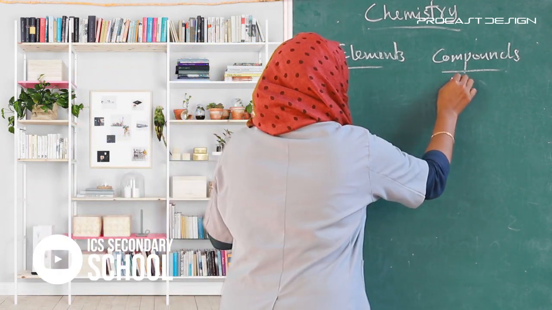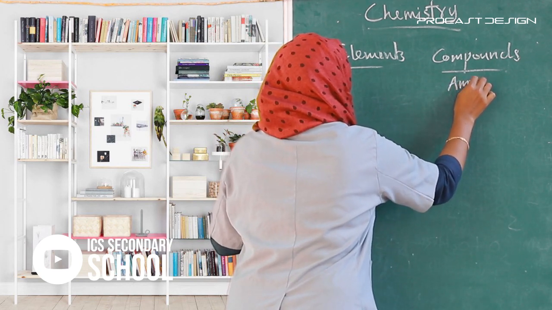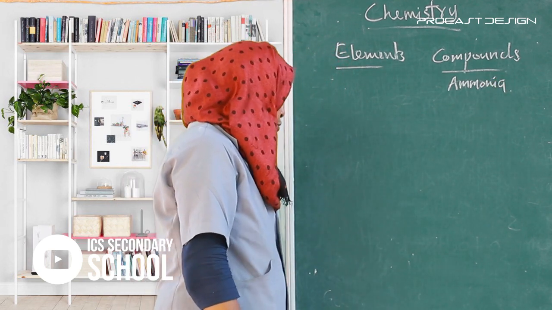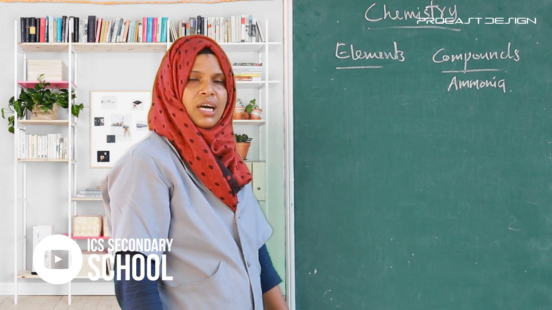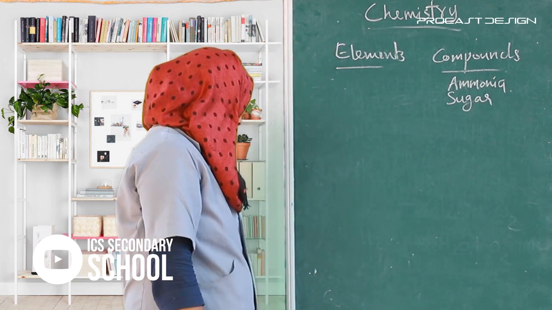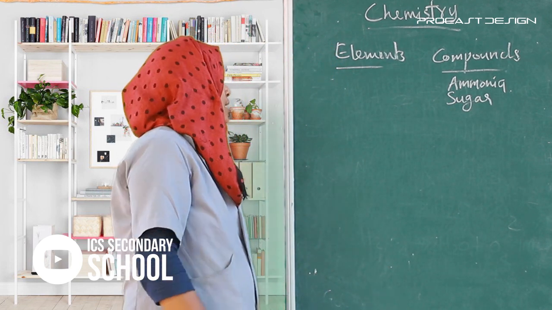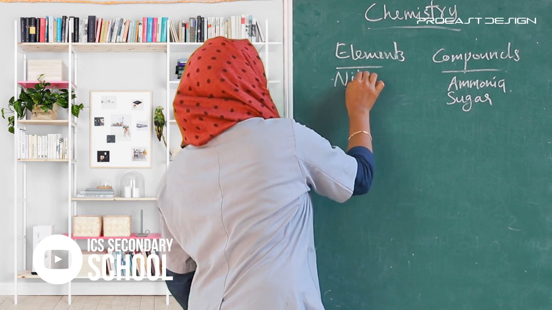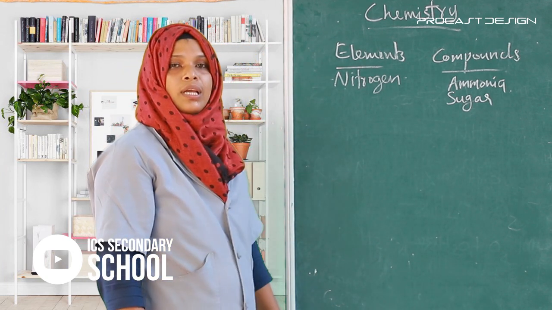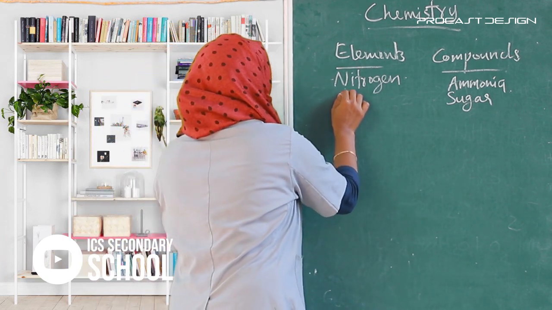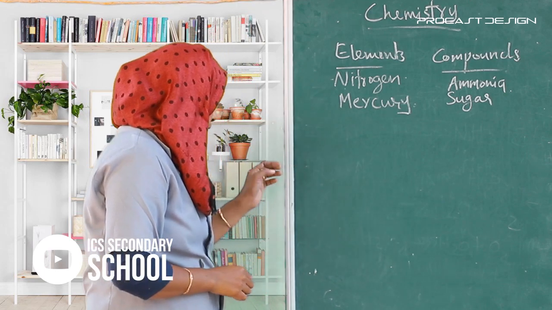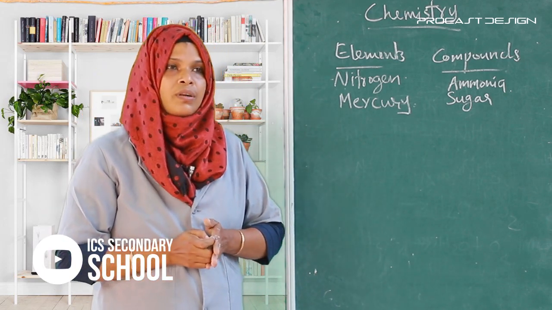Next one is sugar. Sugar is also a compound. Next one, nitrogen. Nitrogen is an element. Next one, mercury. Mercury is also an element. Next one, sodium chloride.